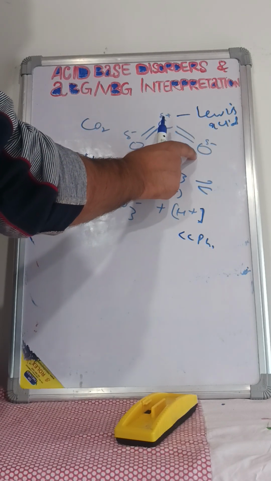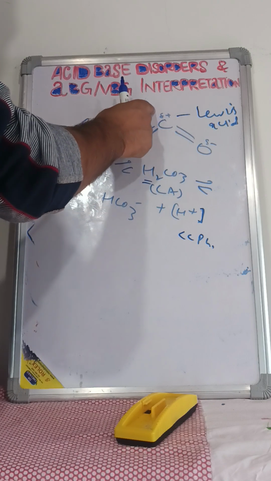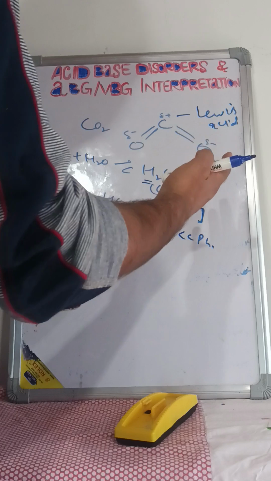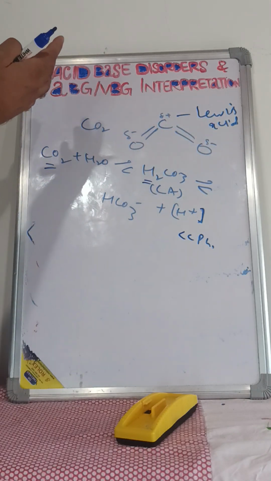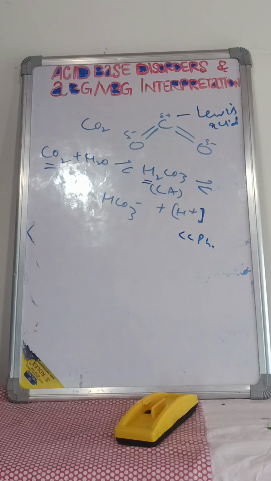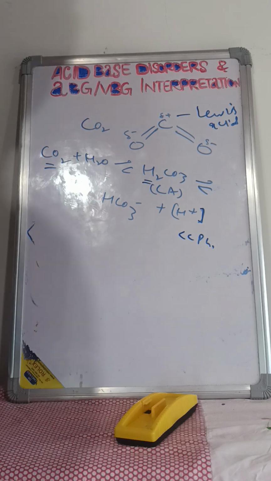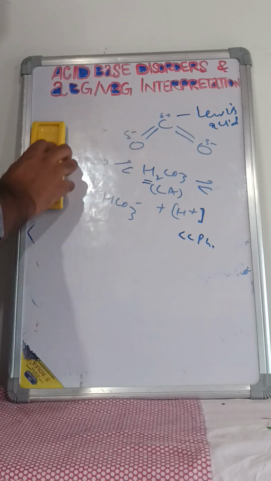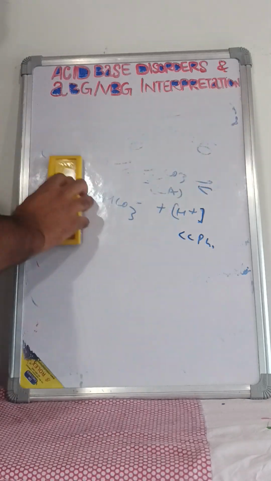It will accept a lone pair of electrons, and anything which accepts an electron pair is known as a Lewis acid, according to the Lewis concept of acids and bases. So this was a little explanation of carbon dioxide being an acid.